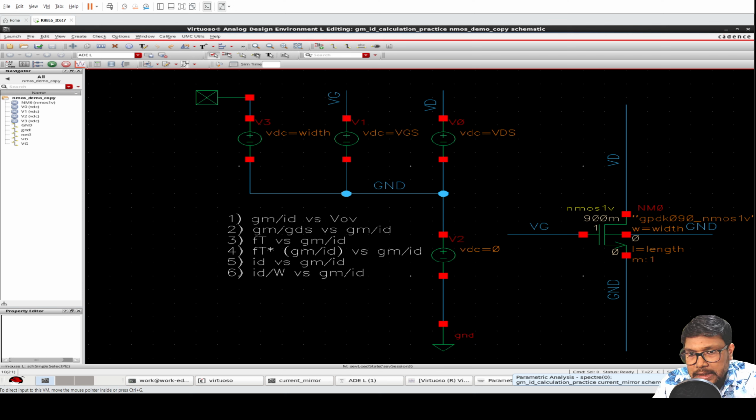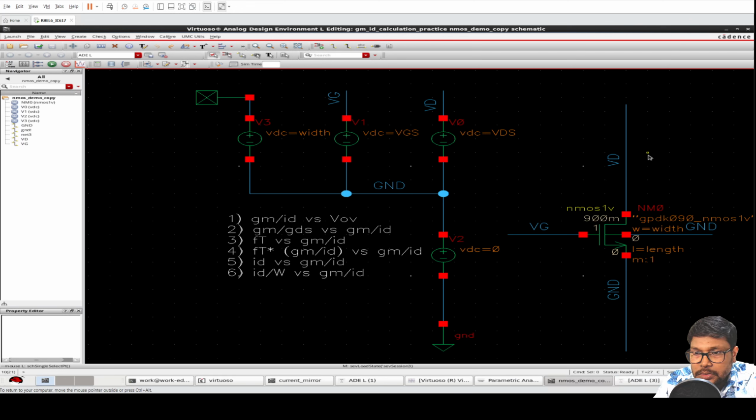If my first stage gives a gain of 100 and I assume the second stage gives a gain of 10, then for the first stage I have to make the gain around 100, and for that I need the gm/gds to be high for the driver. According to that we can size our PMOS load.